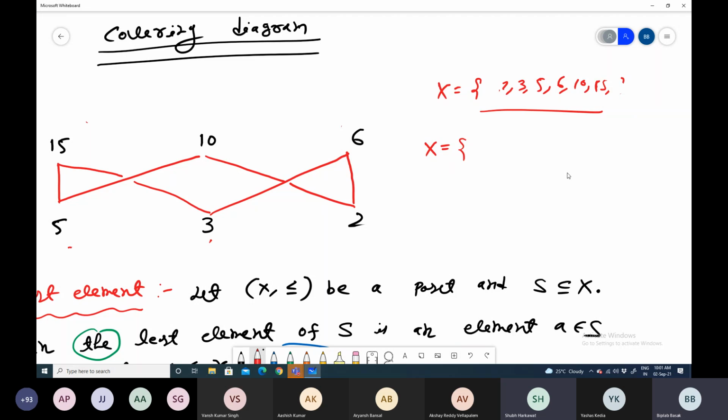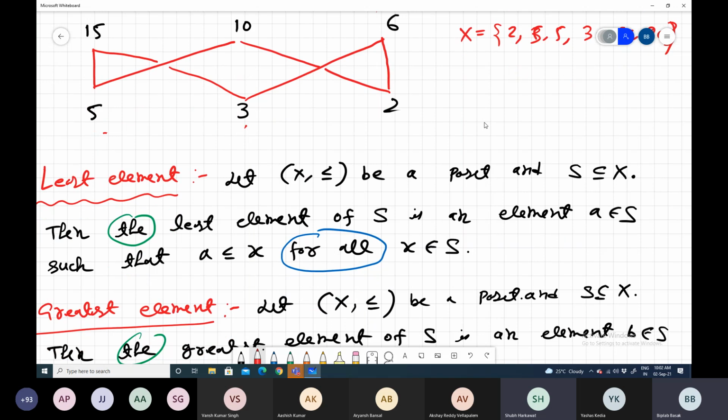Sir, instead of 15, 10, and 6, we have 30, 60, and 90. Okay, so that's 2, 3, 5 and 30, 60, 90. Now still it does not have any least element, right? Because 2 is not comparable with 3.